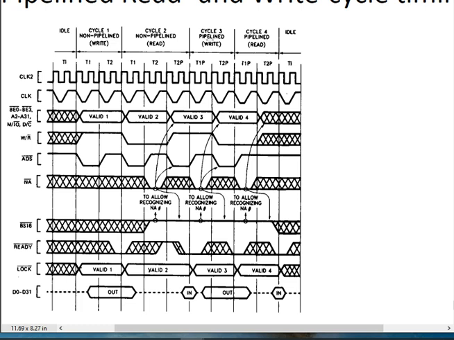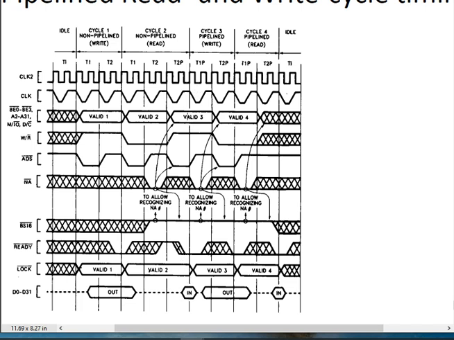Now this is the pipeline write cycle. Again a valid address is put on this address bus. Since this is a write operation, we want to write into the memory.